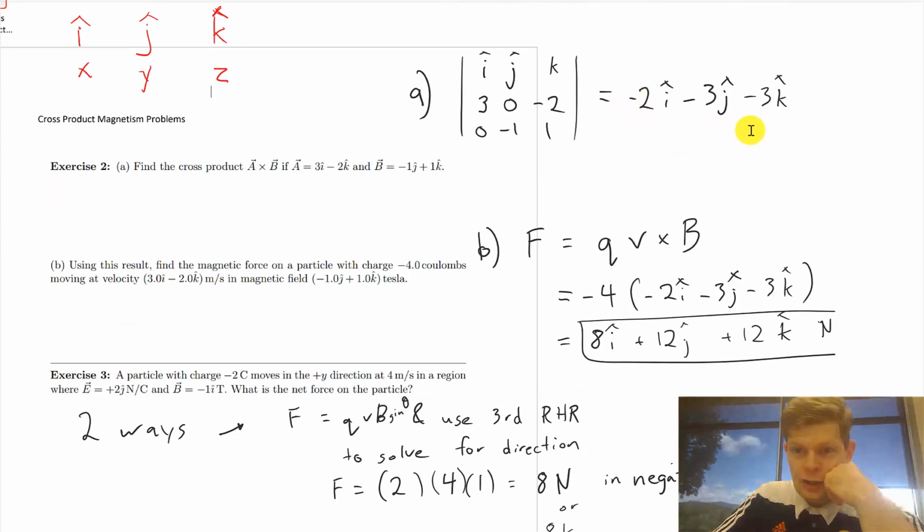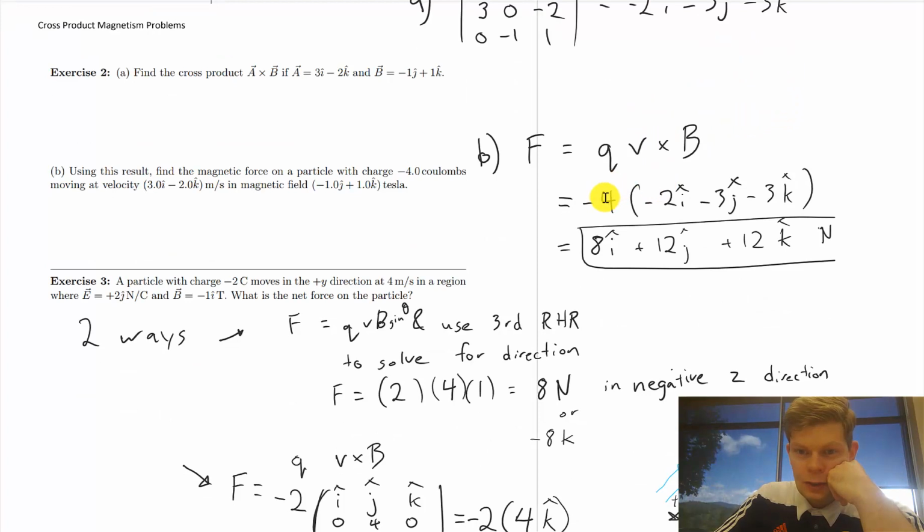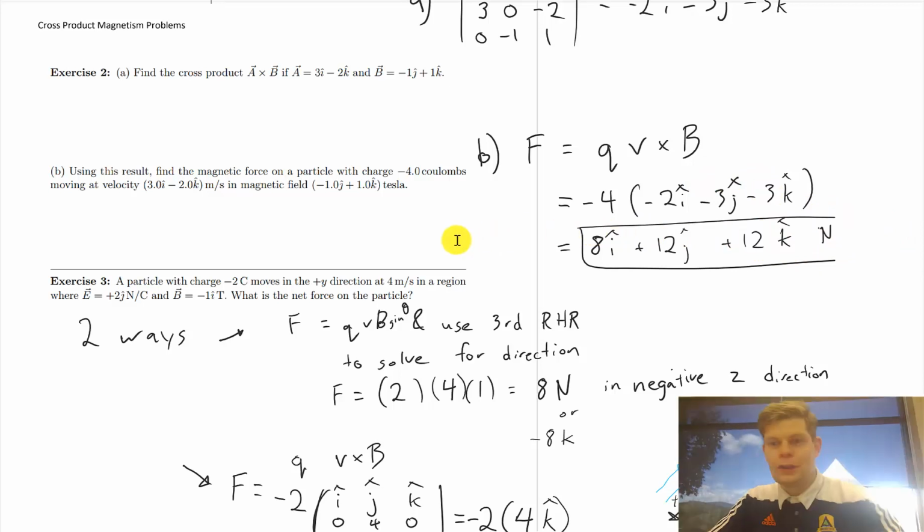But we already have V cross B right here. This is V cross B there. And so it's just the coulombs times that. It's sort of feeding the chicken style. So -4 times -2 is 8, -4 times -3 is 12, and -4 times -3 is 12. And that's it. That's our force in component form.